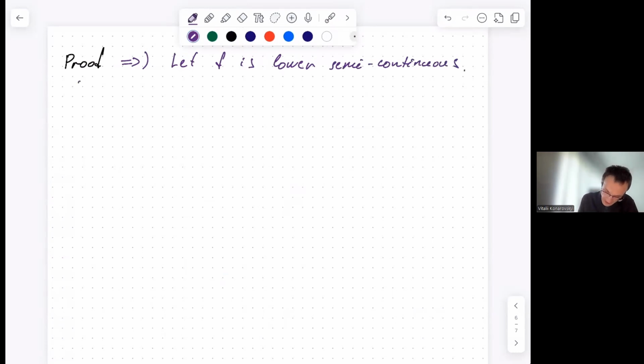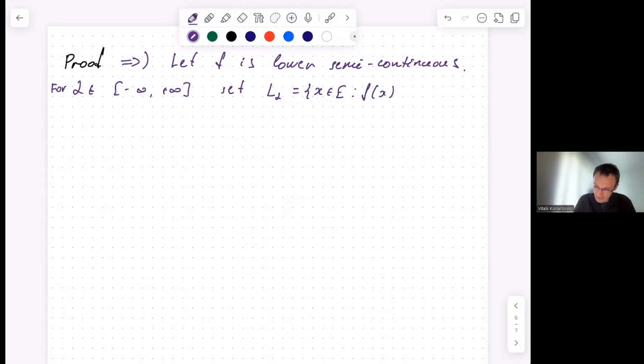We take alpha from minus infinity to plus infinity and denote the level set by L alpha. It is x from E such that f of x is less or equal than alpha. Sometimes we will write that shorter: we will just write f is less or equal than alpha.